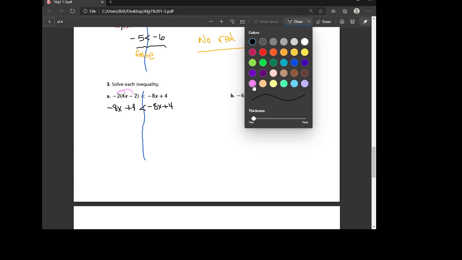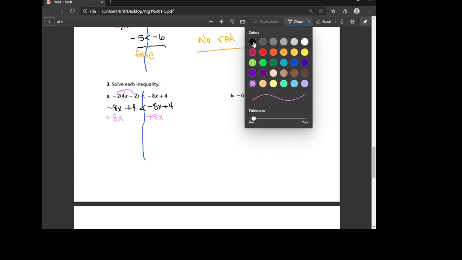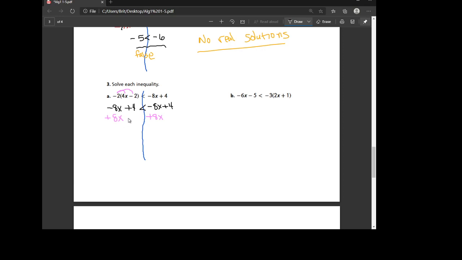Now I want to move all my x's to the left-hand side of my inequality, so I'm going to add 8x to each side. That leaves me with 4 is less than 4.